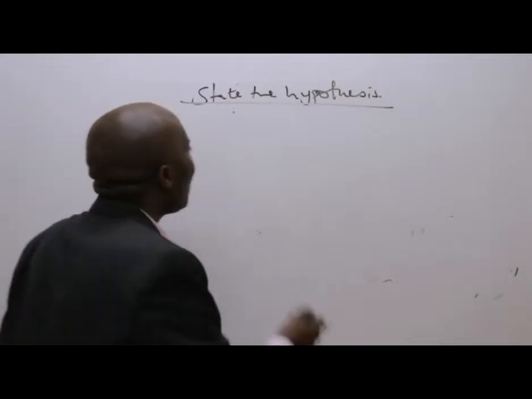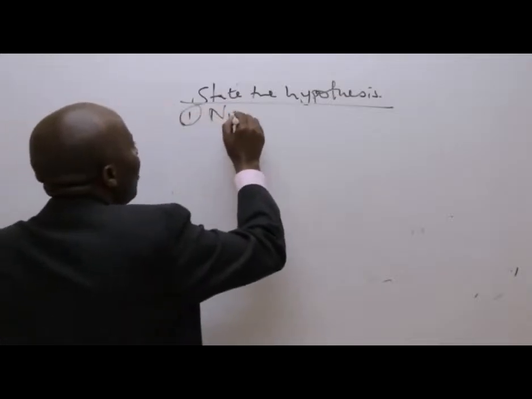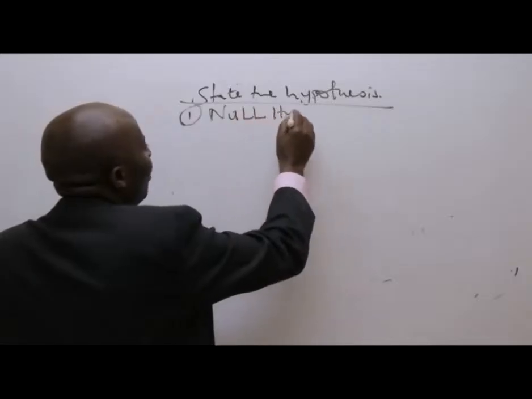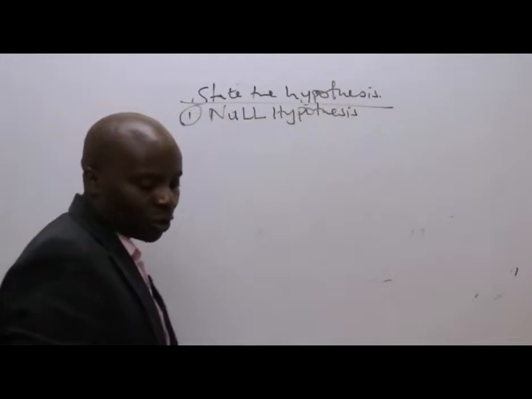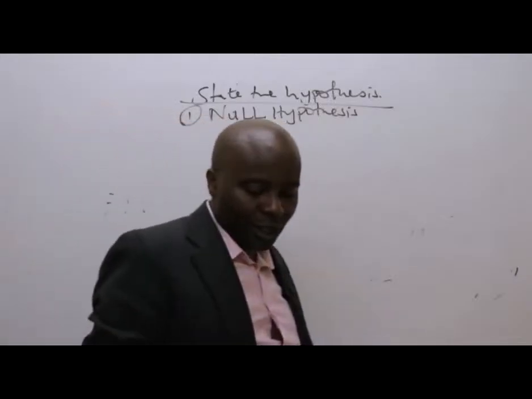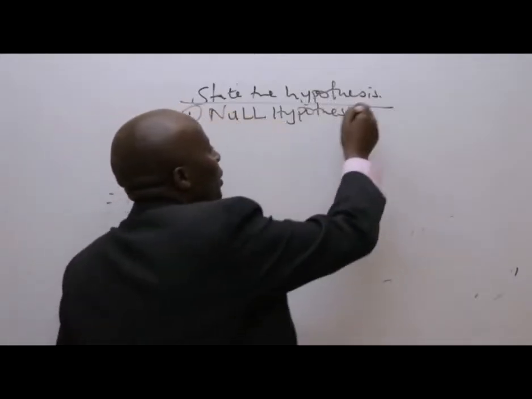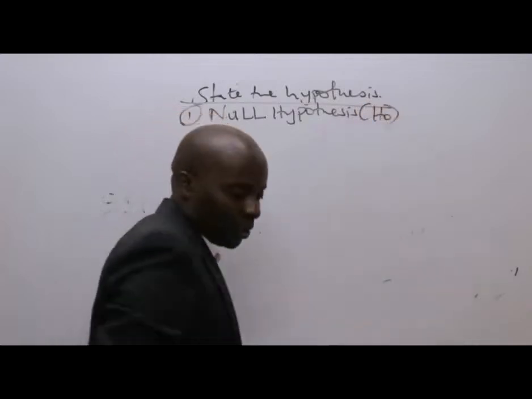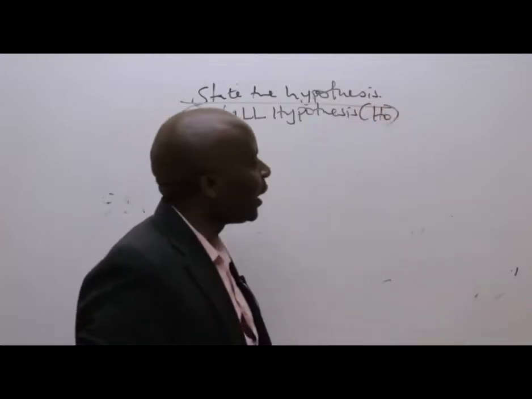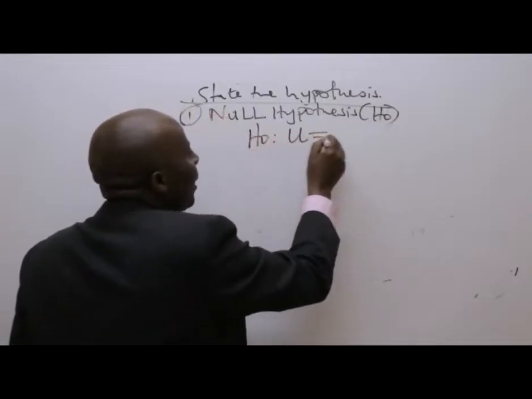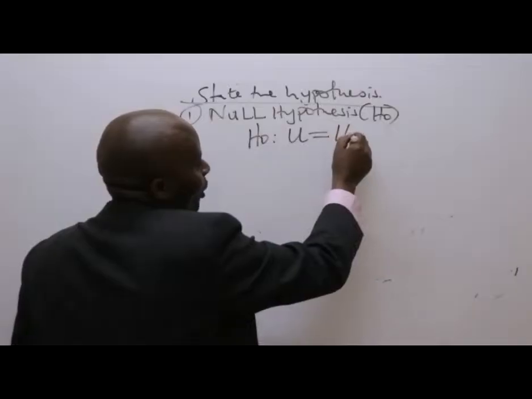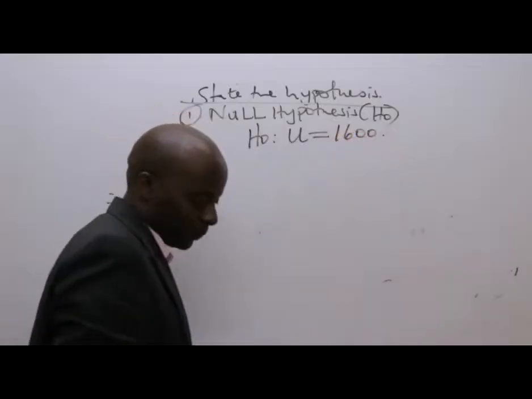The first claim is the null hypothesis, which we shall be abbreviating as H0. My null hypothesis says that my U will be equal to 1600.